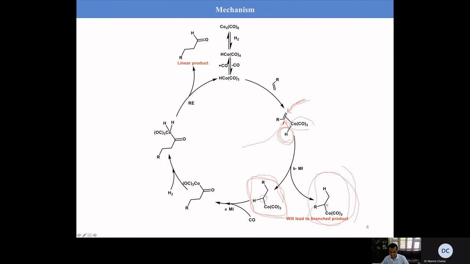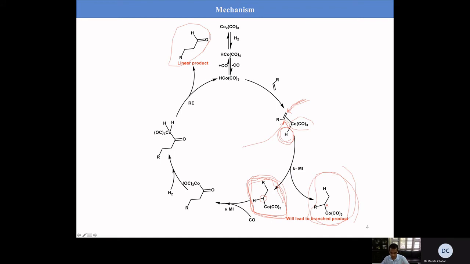This linear intermediate is required for the reductive elimination to form the linear product. So this pathway, as you see over here, mainly goes to the linear product.